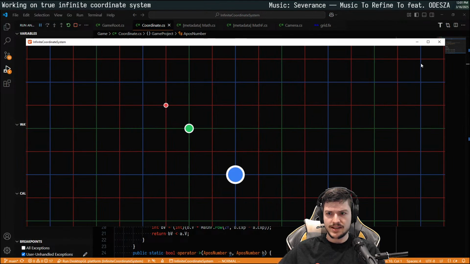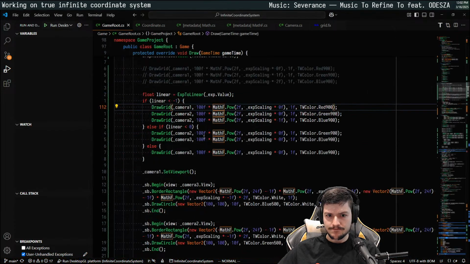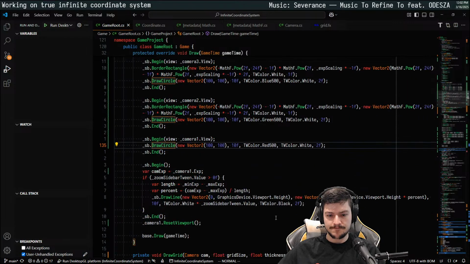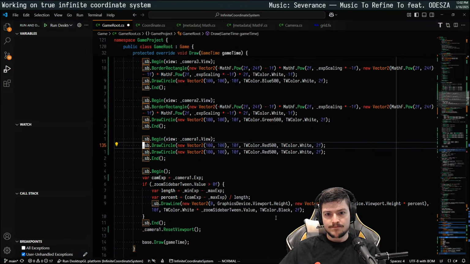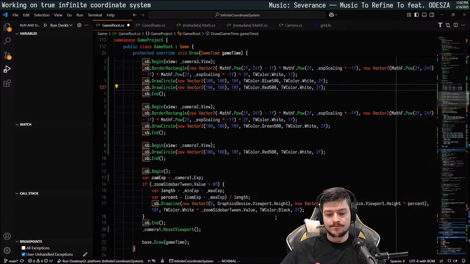Should I draw something here on the origin? I guess I can. I'll put it up here. Zero. 10 is fine. Black.